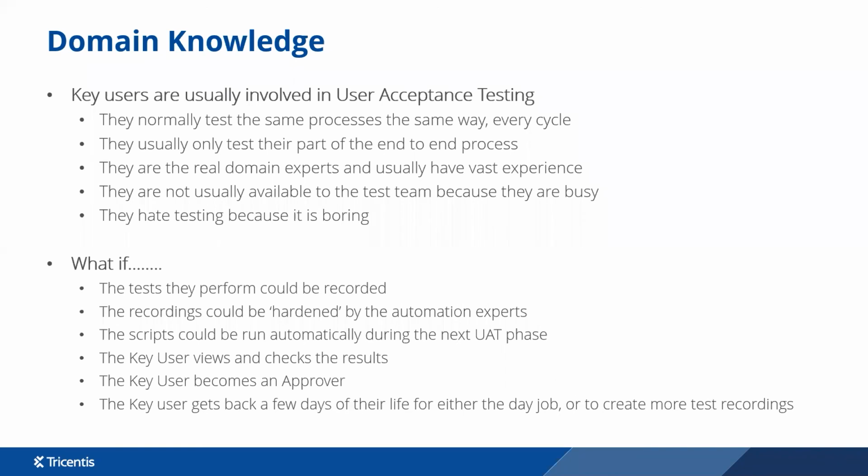All right. So you've used the UAT phase to train the domain experts to do proper recordings, which generally means before they do a recording, they need to practice the process first. But it doesn't take more than usually 20 minutes to train them to use a recording tool. All right. Then those recordings can be, obviously there's a subset that's produced, pushed back into the automation team where they can harden it, because when you get the recording, you'll have hard-coded data that they're using, which is really useful.